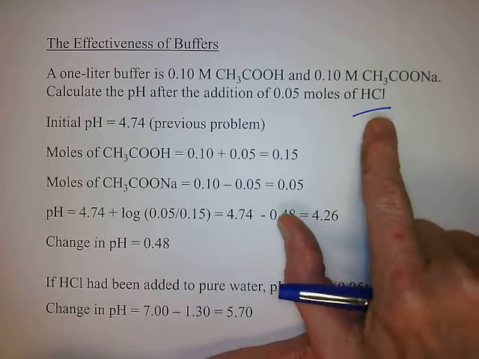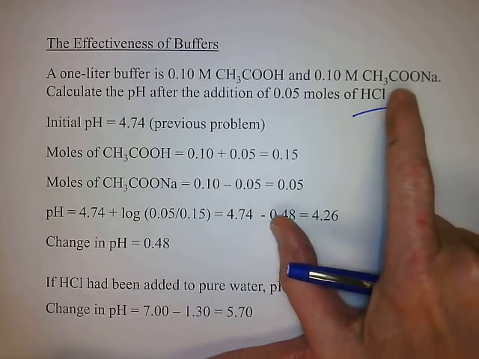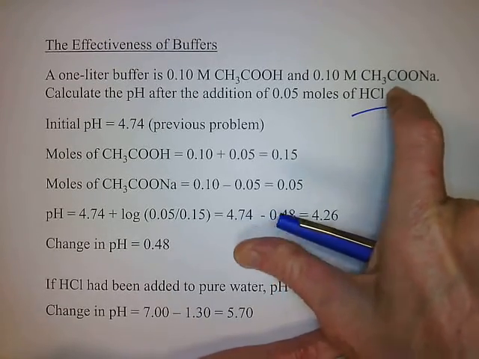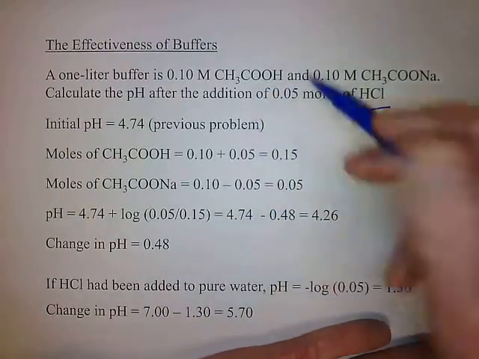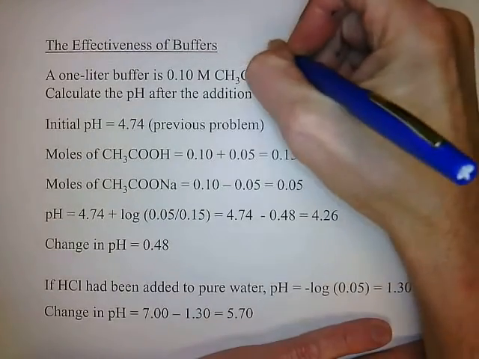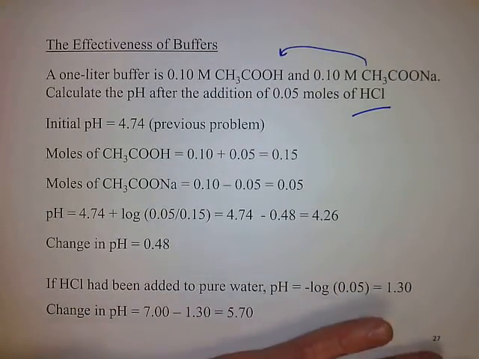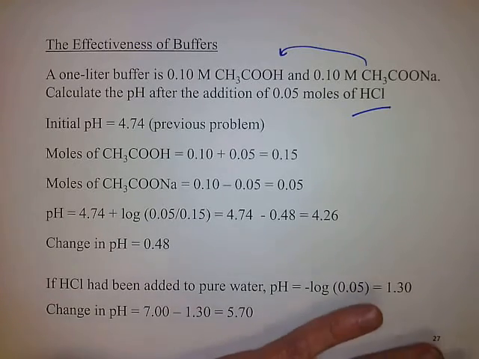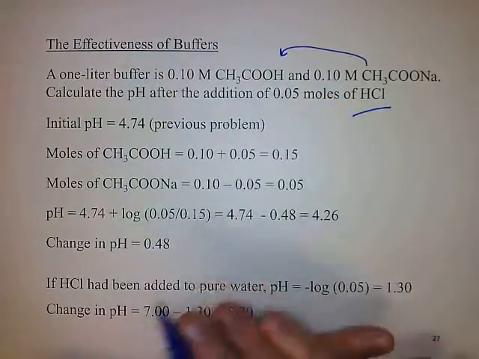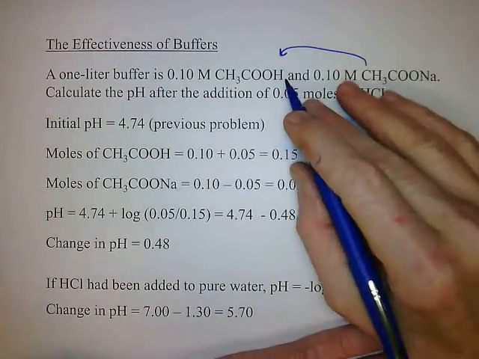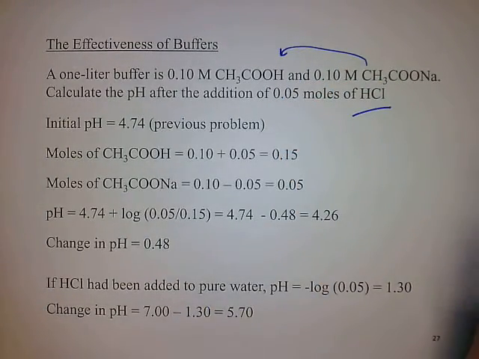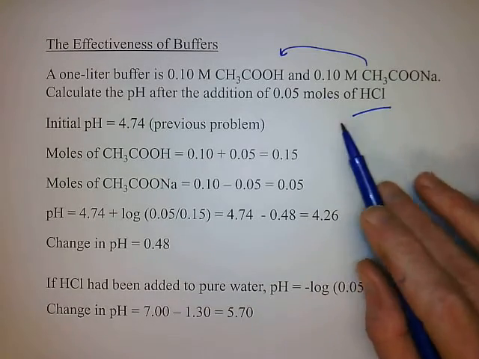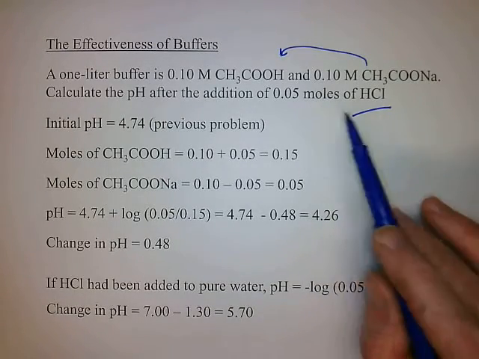So what's that going to do? That's going to convert base form into acid form. In other words, that's going to convert acetate into acetic acid. Okay, so the base form will go down and the acid form will go up.